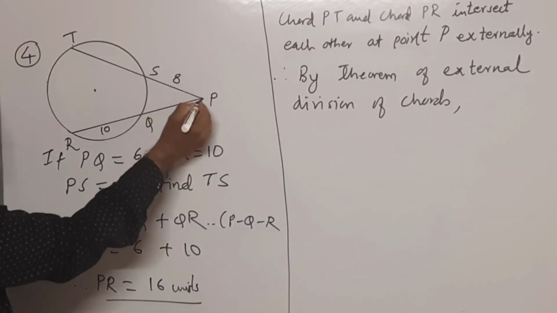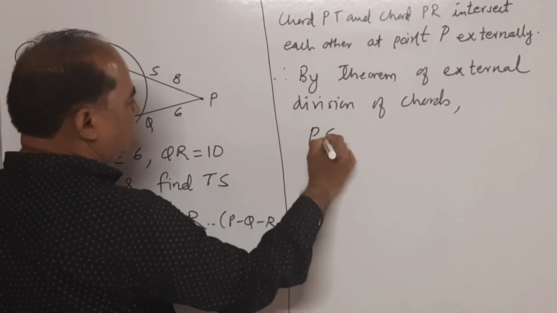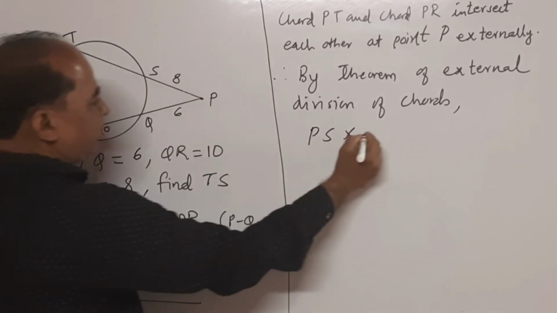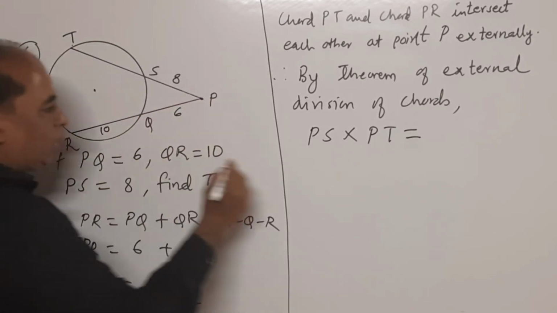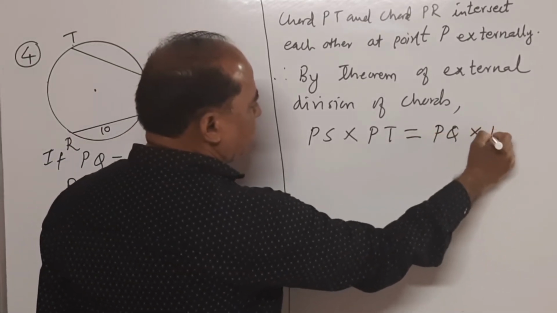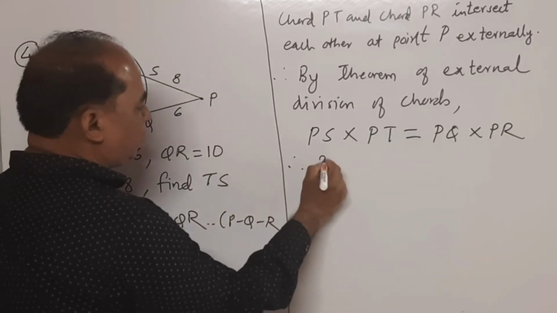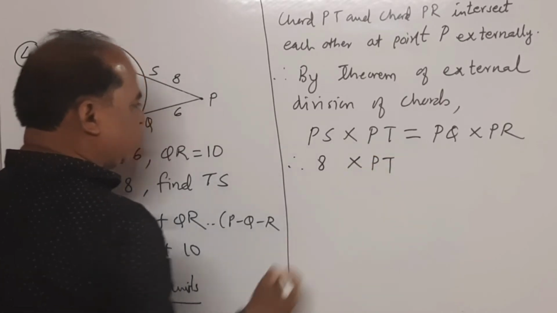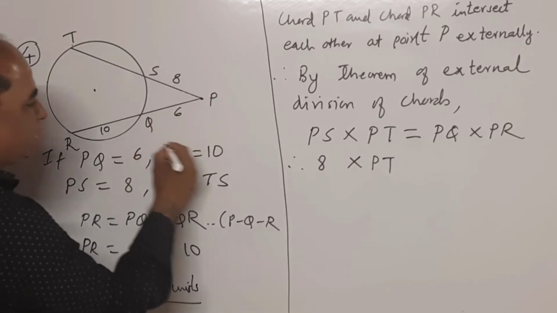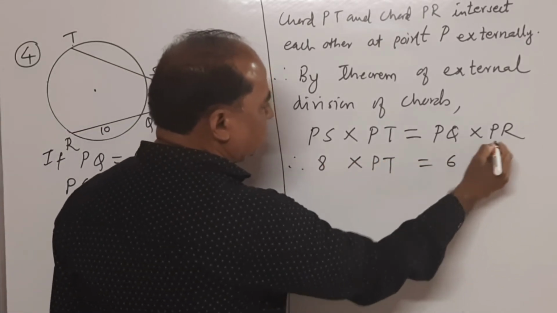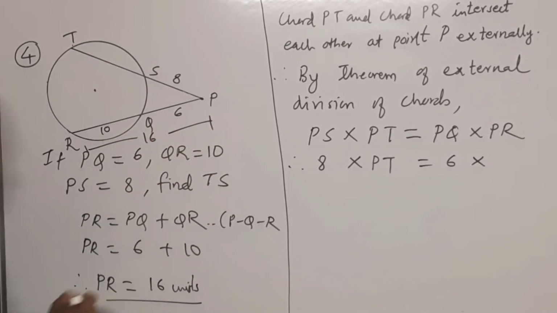Here, we have to start with the point of intersection of the two chords, that is P. PS into PT is equal to PQ into PR. Now PS is given as 8, PQ is equal to 6, and complete PR is 10 plus 6, which is 16 units.